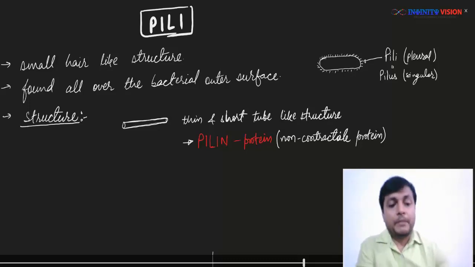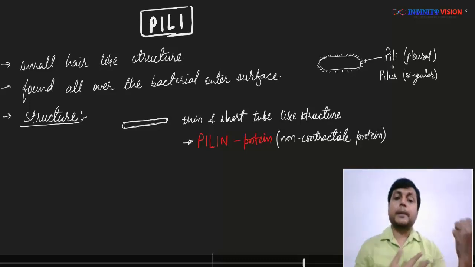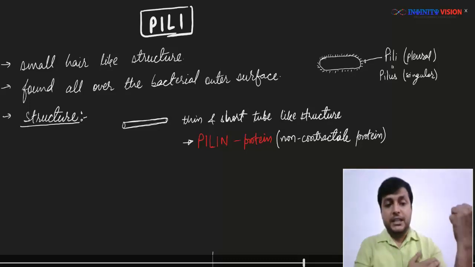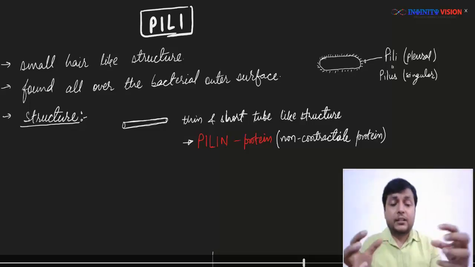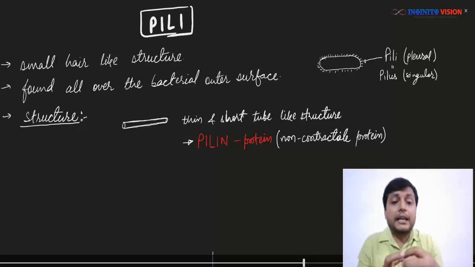See, your muscles, right? The muscles are made up of proteins, but these proteins are contractile, as in they can contract, that is, they can change their length, correct? Whereas pilin is non-contractile, so they cannot change their length. Now, most of the proteins are non-contractile. Great.